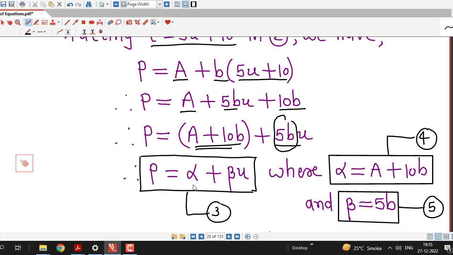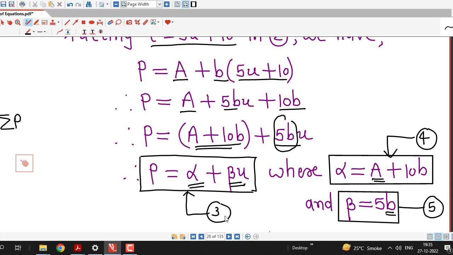So now I will try to determine these values of alpha and beta, because if I can determine alpha and beta, from these two equations I can determine values of capital A and small b. So now we will use regression line of P on u, and for that we can write normal equations.